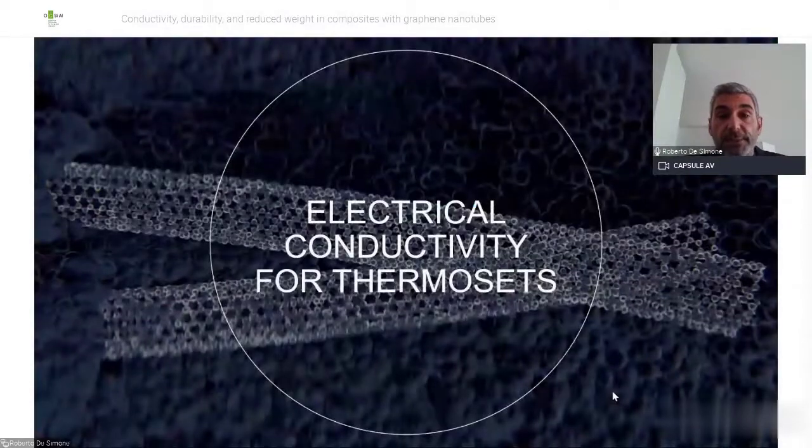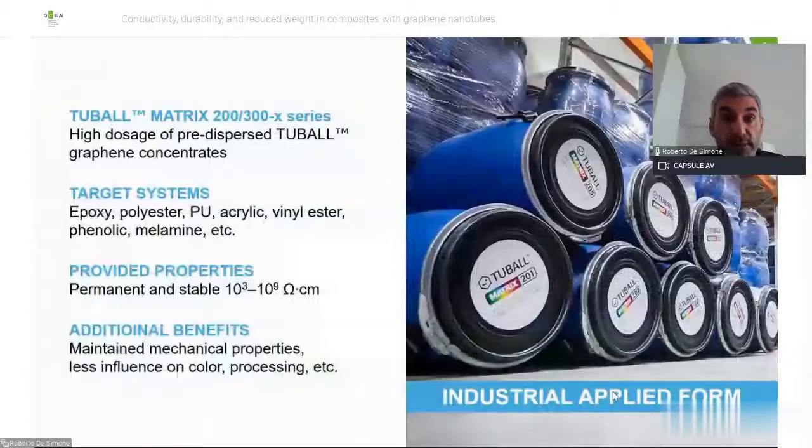Just to give you some tips about the electrical conductivity properties. As I mentioned before, we developed this tubal matrix series 200 and 300, where a high dosage of tubal is predispersed in a different kind of carrier, which could be compatible with the target system where we are going to disperse tubal, like thermoset resin, like epoxy, polyester, PU, acrylic, vinyl ester.